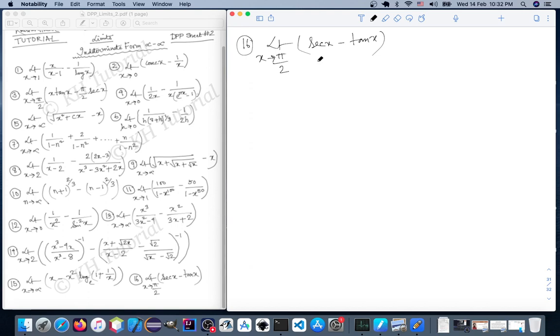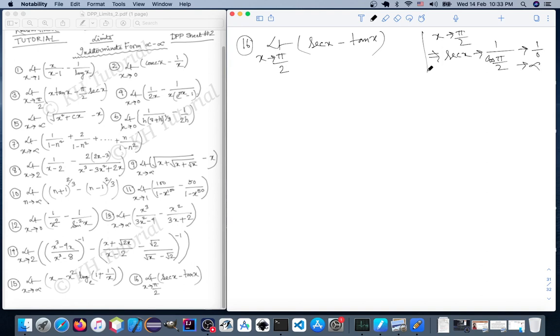So, what is the form? x tending to pi by 2 implies sec x tending to 1 by cos pi by 2. This is definitely tending to 1 by 0, tending to infinity.